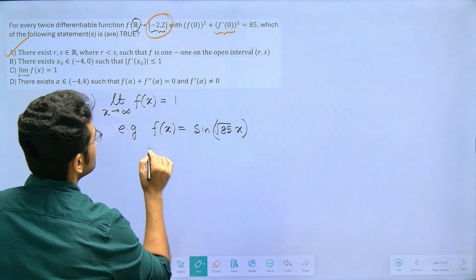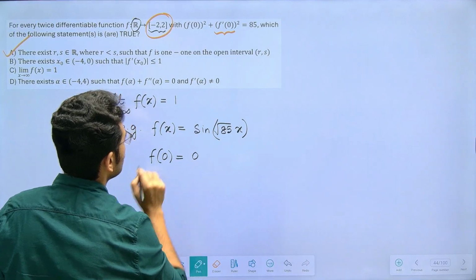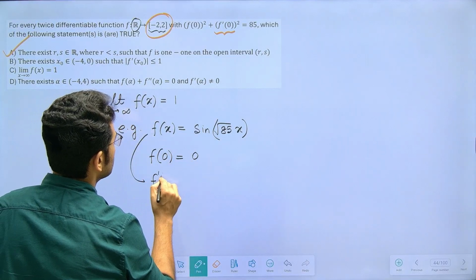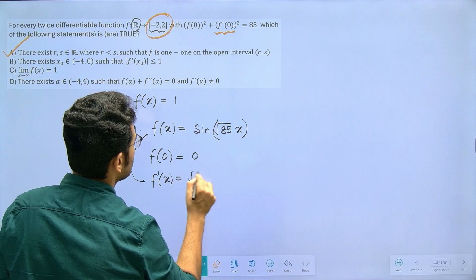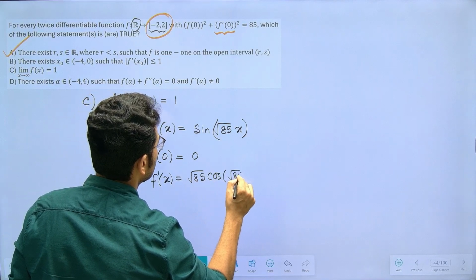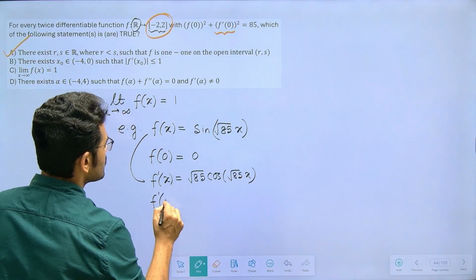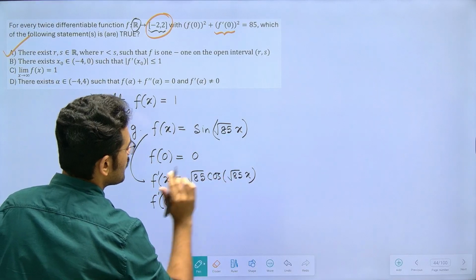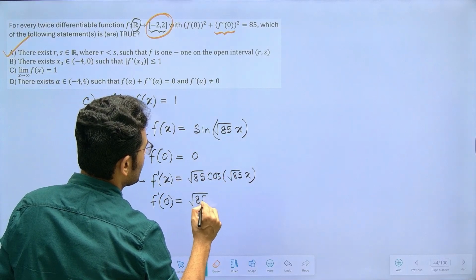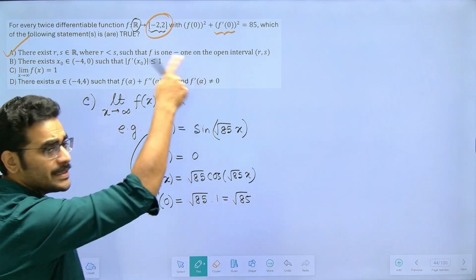Okay, so for this function, what is the function value at 0? f(0) is equal to 0, and if we go for the derivative f'(x), that will be root 85 into cos(√85 x). This is the derivative. What is f'(0)? f'(0) will be, if we put x equal to 0, root 85 into 1, that is root 85. So it is satisfying the condition.